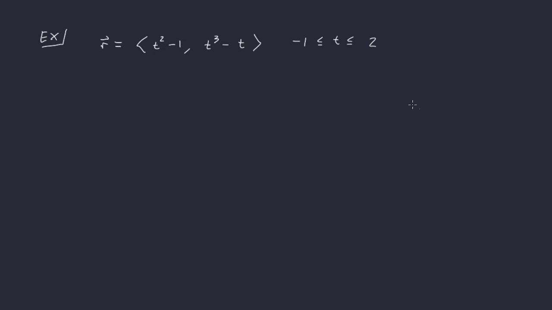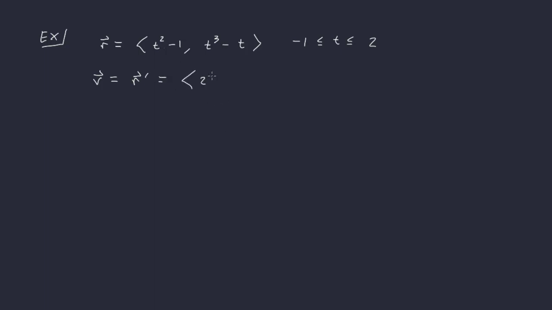All right, so the actual example we're going to look at with our graph is this vector valued function here. t squared minus 1 in the x component and t cubed minus t in the y component. And we're going to let t range from -1 to 2 just because. There's nothing set in stone there. Okay. Now, our velocity vector is just going to be our r prime.